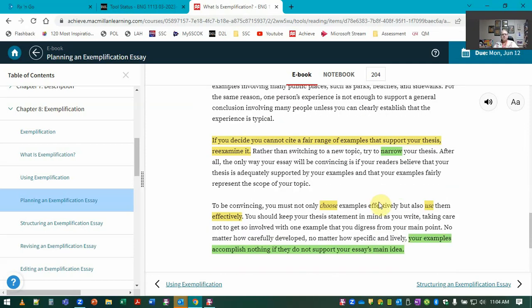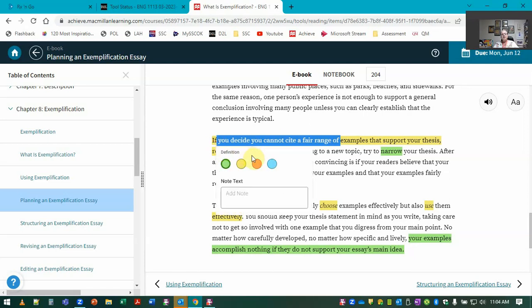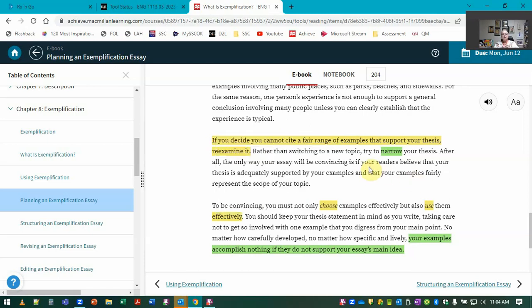And if you can't find a range to support it, then you need to think about, well, is my thesis too broad? Do I need to narrow it? Do I need to change my thesis in some way, right?